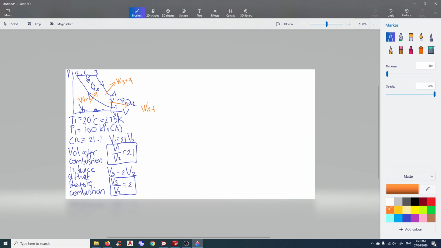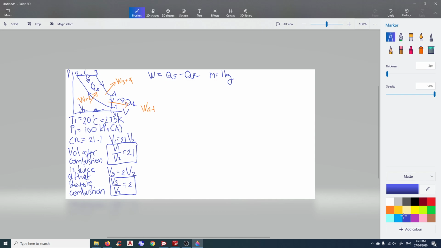Now like before, we don't want to calculate the work at individual stage. So we're going to use the heat engine work instead. Remember, work equal to Q supply minus Q reject. And we're going to assume the mass here is 1 kilogram because it's not given.